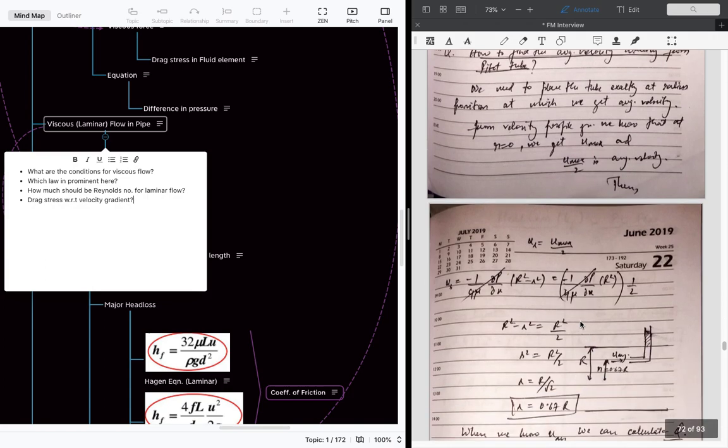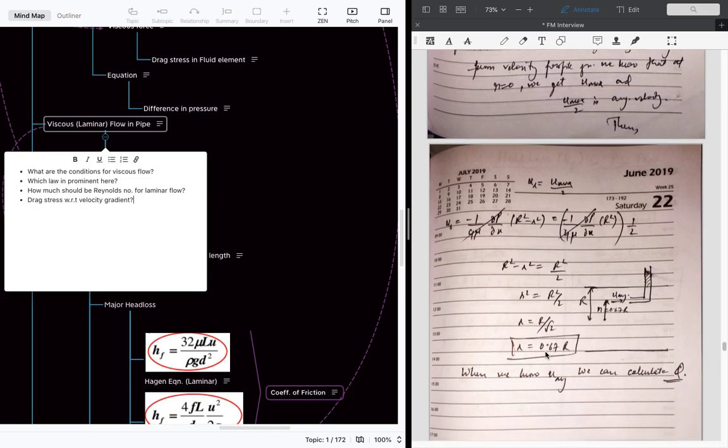Then we just have to use the velocity profile equations to equate it. So this is the maximum velocity profile equation divided by 2 equal to the general velocity profile equation. Equating this, we get that at radius 0.67 times the maximum radius of the pipe we get the average velocity of the fluid.